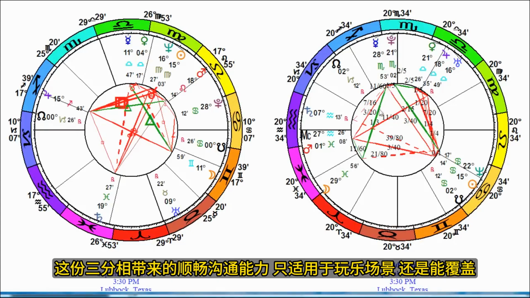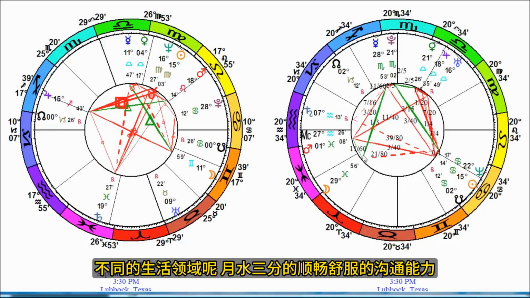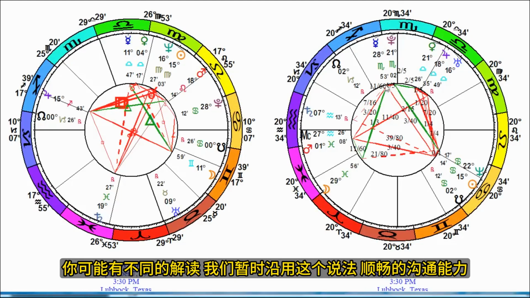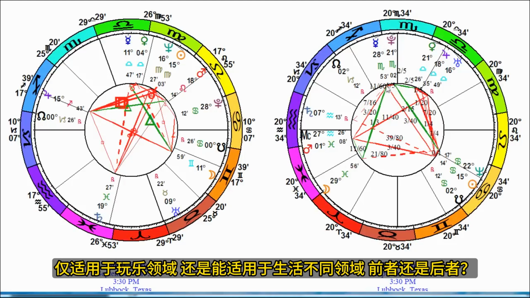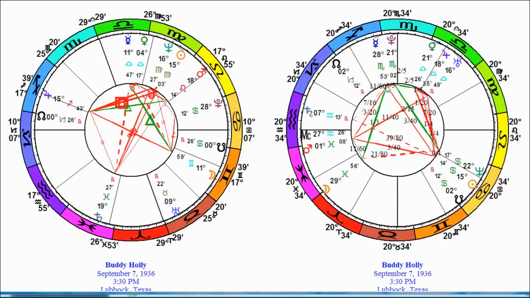Is this pleasant personal communication from this trine only when he plays, or does it apply to lots of areas of life? Moon trine Mercury, let's just call it pleasant personal communication. You may have a different interpretation, but let's just use that for now. Is it only in his play, or is it in lots of areas of life? Which one? A or B?